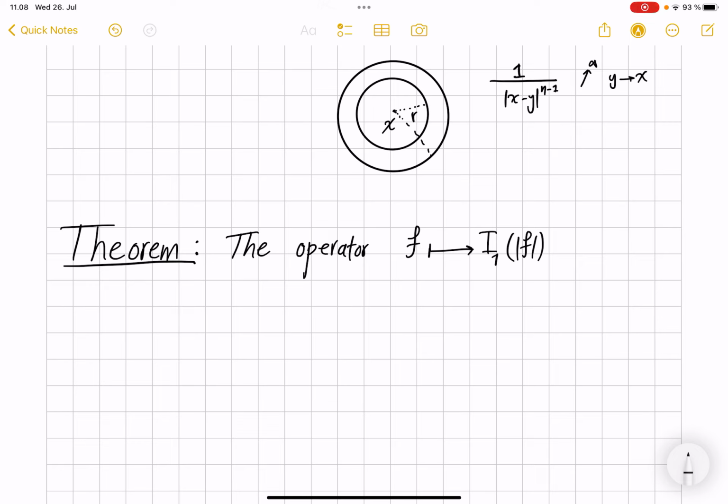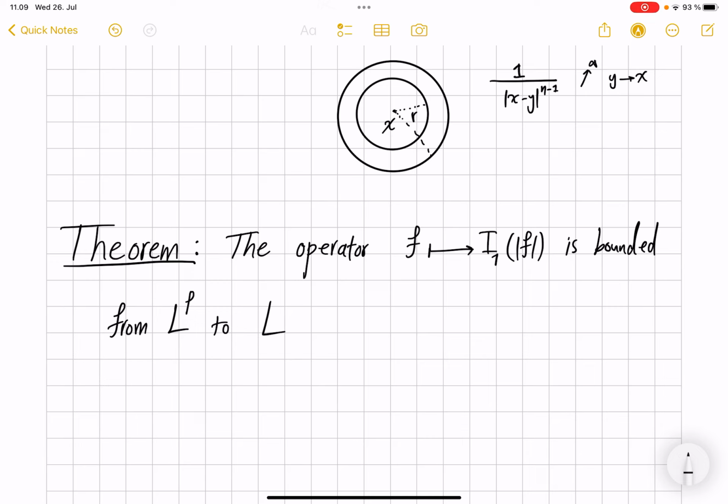So this operator is bounded from LP to, okay, so this is even better than the maximal function.